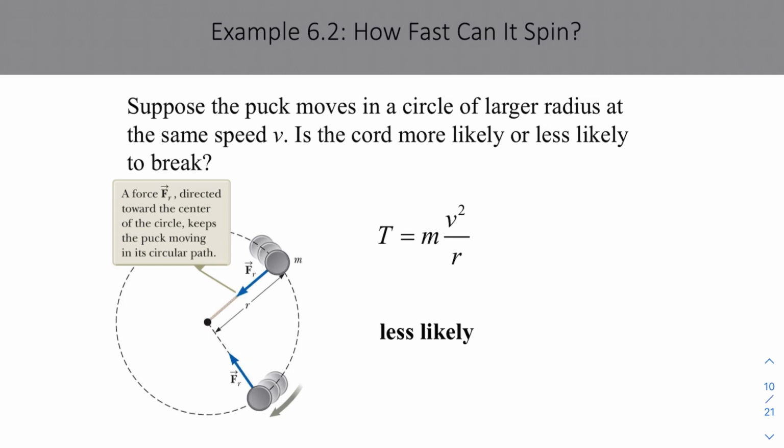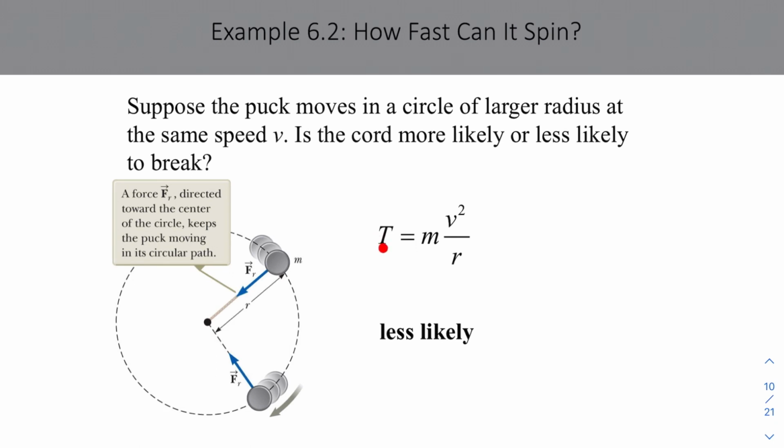Suppose the part moves in a circle of larger radius at the same speed v. Is the cord more likely or less likely to break? Just now we have in our hand the equation of T: T is equivalent to m v squared over r. So if v remains the same and r is larger, r is inversely proportional to T. So if r is larger, then T will be smaller.